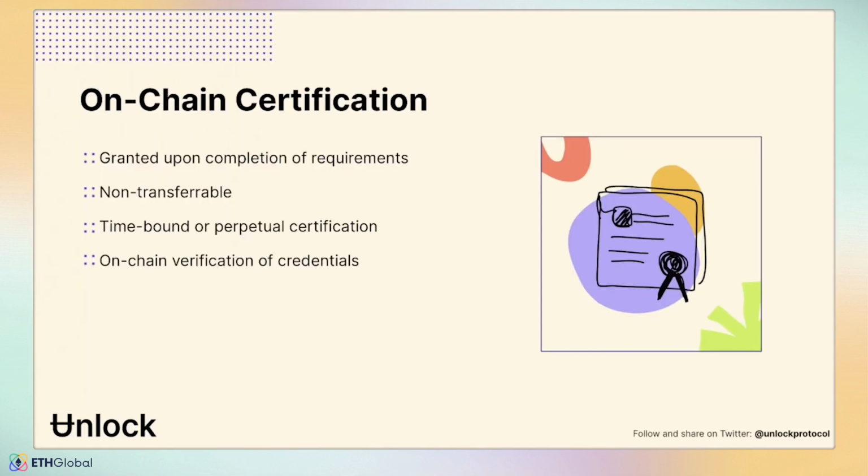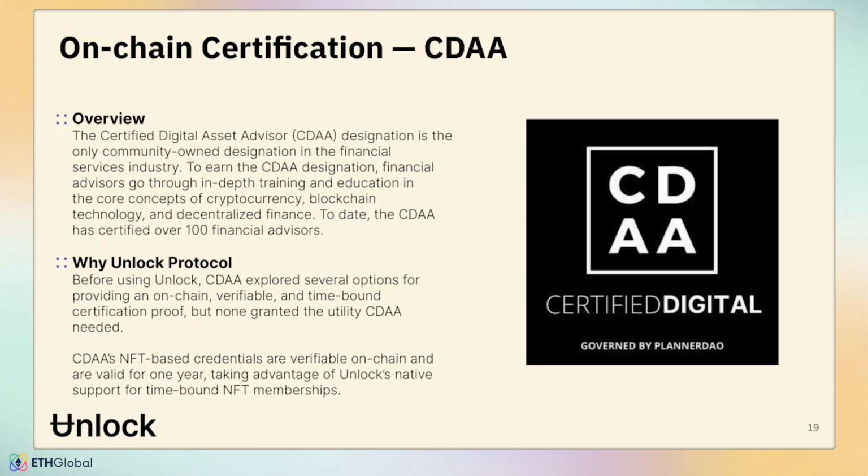On-chain certification, we talked about this earlier: your diploma, the fact that you've taken a course, that you maybe attended a hackathon. Non-transferable, obviously, critically, but also time-limited most of the time to make sure that your knowledge is up to date. An example of people that are using Unlock for this is a team called PlannerDAO, that have created the Certified Digital Asset Advisor, which is basically a proof that you went, as a financial advisor, through some education around cryptocurrencies and around crypto assets, digital assets altogether.